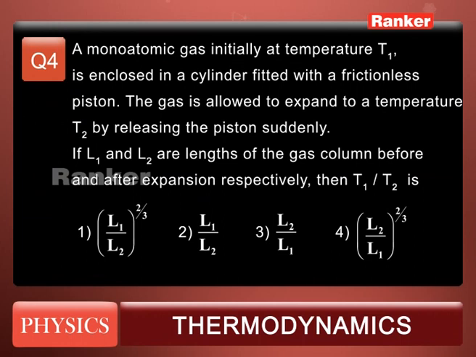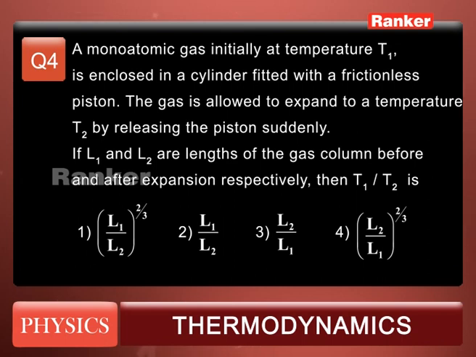Question number 4. A monatomic gas initially at temperature T1 is enclosed in a cylinder fitted with a frictionless piston. The gas is allowed to expand to the temperature T2 by releasing the piston suddenly. If L1 and L2 are the lengths of the gas column before and after expansion respectively, then we have to find T1 by T2.